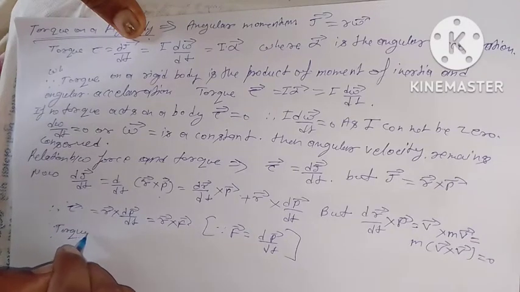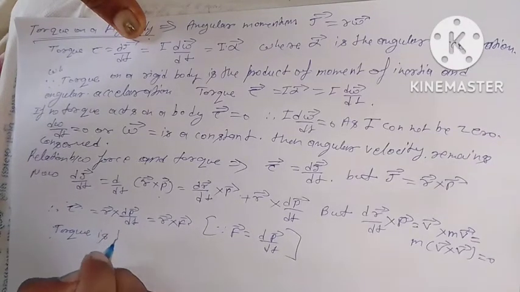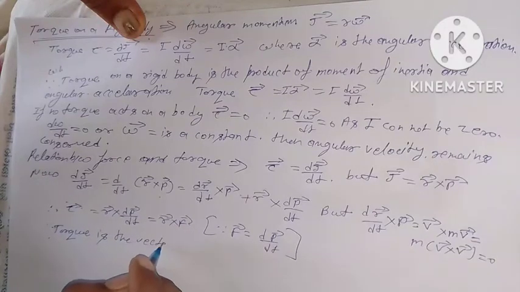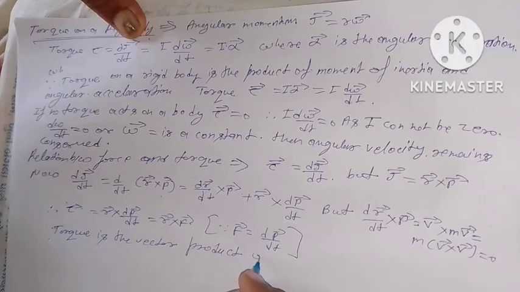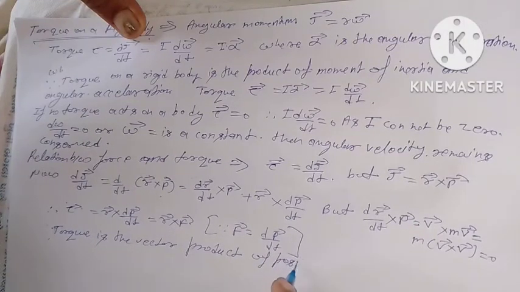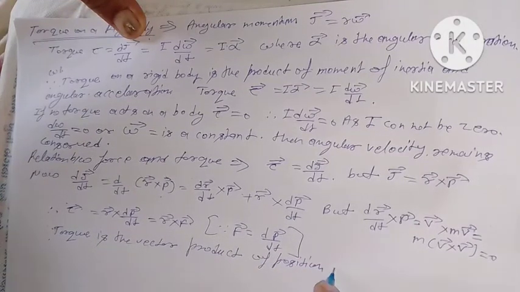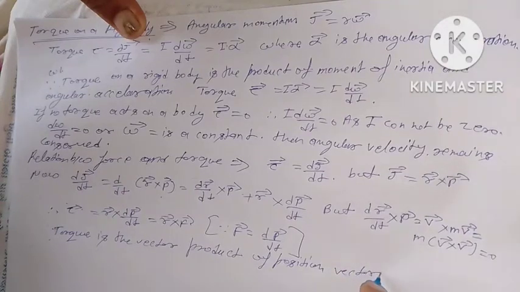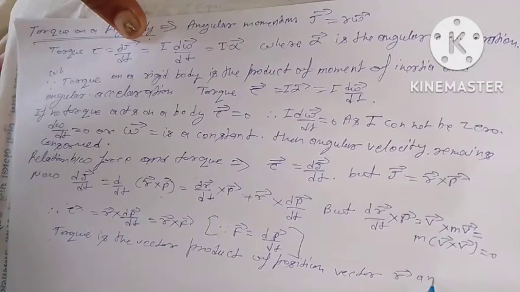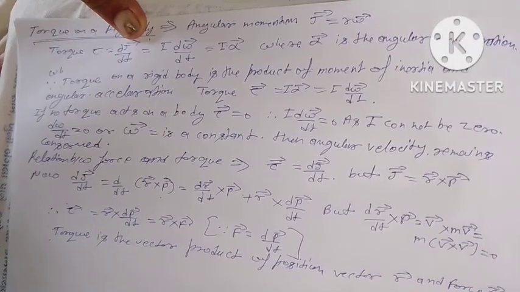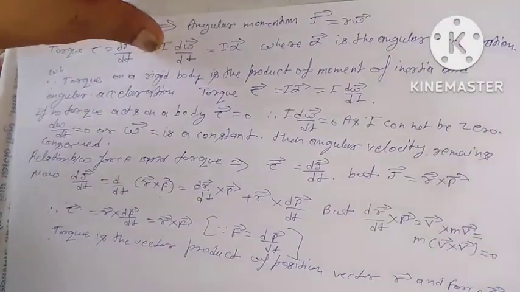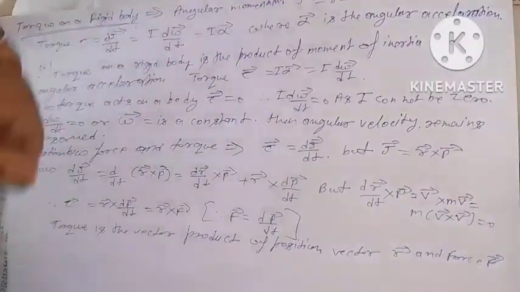Torque is the vector product of position vector r and force vector F.